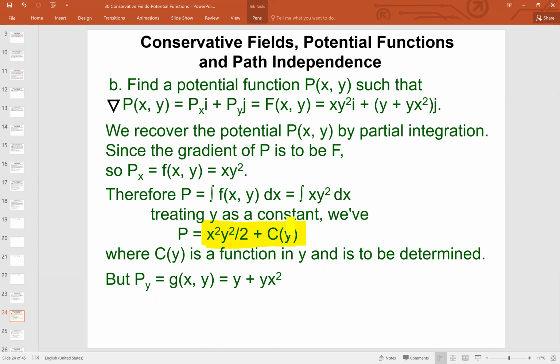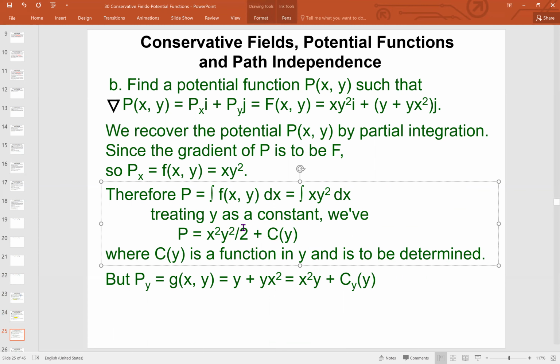So I take the partial with respect to y, and that's going to be x squared times y, since the 2 comes down and cancels with the half, and then the partial with respect to y of c of y is c prime of y.